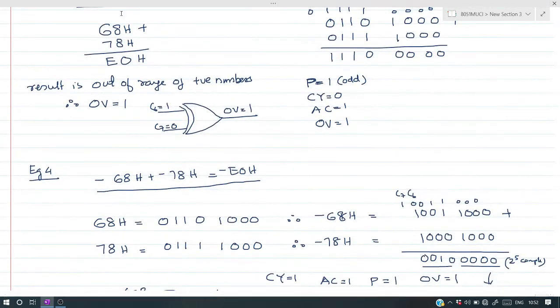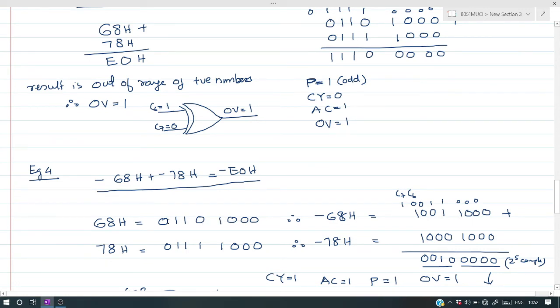Now, let's consider the same numbers in negative form. Minus 68h and minus 78h addition. The answer is minus E0h. 68h in binary form is this one. 78h in binary form is this one. Minus 68h is represented in 2's complement form of this one. Up to this one, we copy like this.